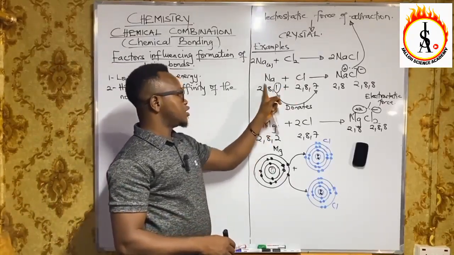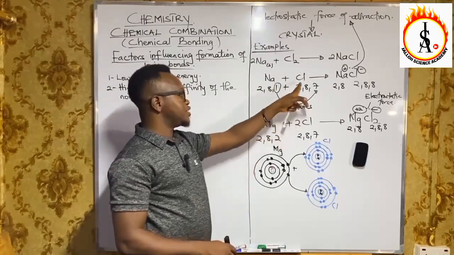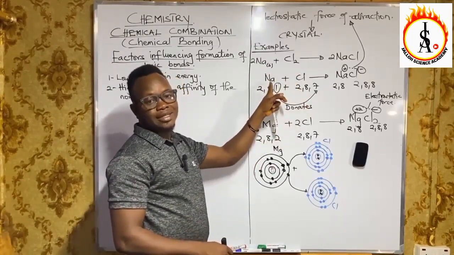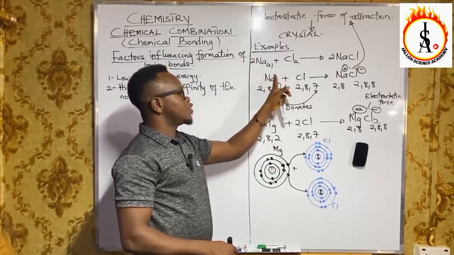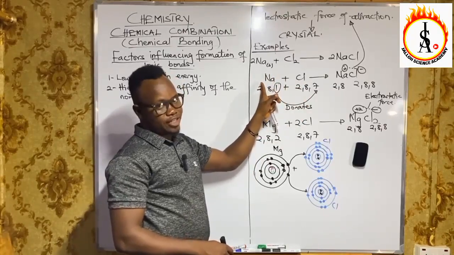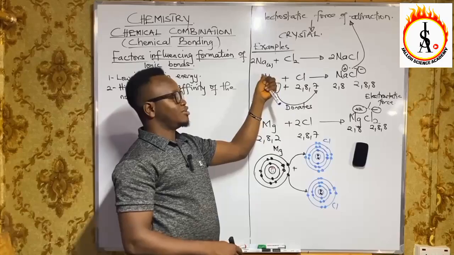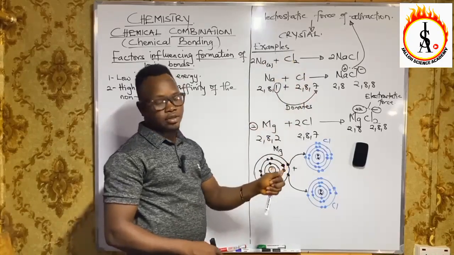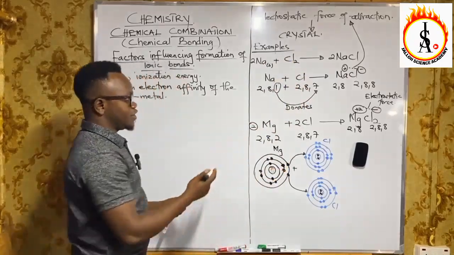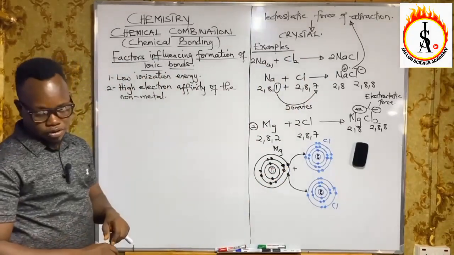So in this regard, both of them are participating, wherein this needs more electrons than this, and this one has lower ionization energy, the electrons can be easily transferred from the sodium to the chlorine, leading to what we refer to as ionic bonds.